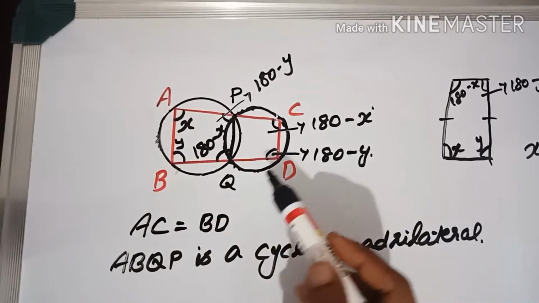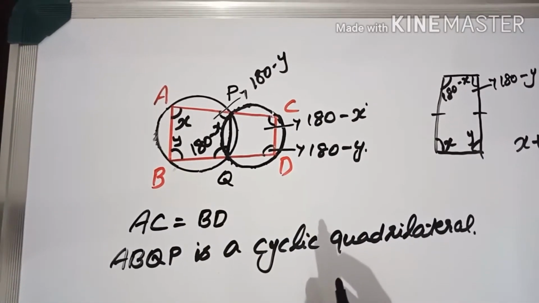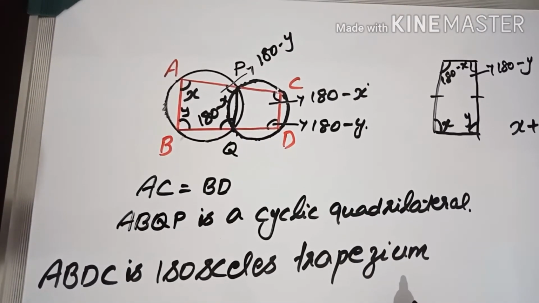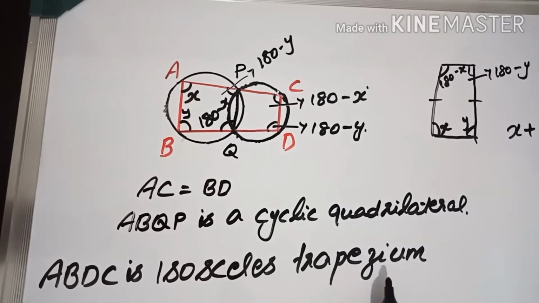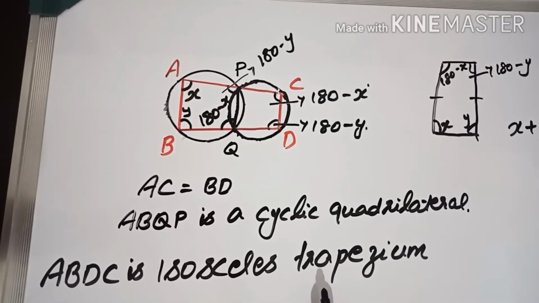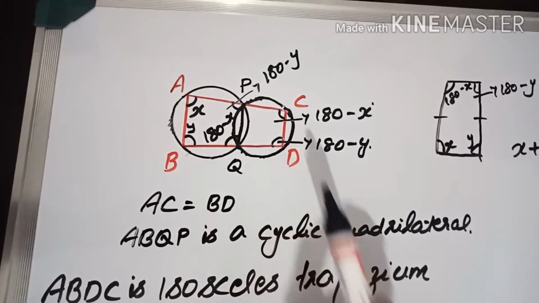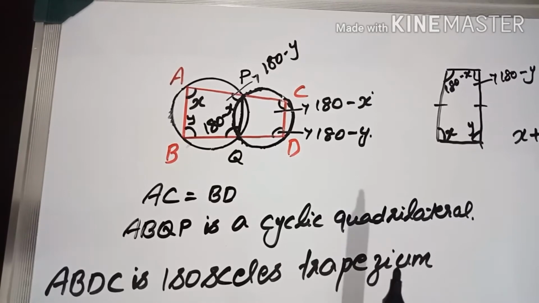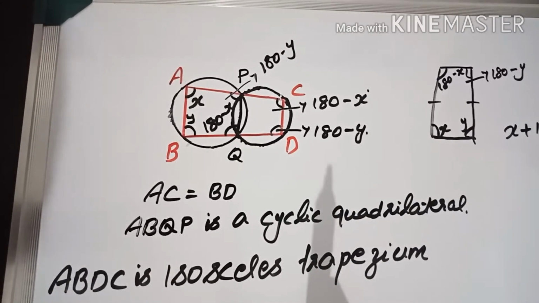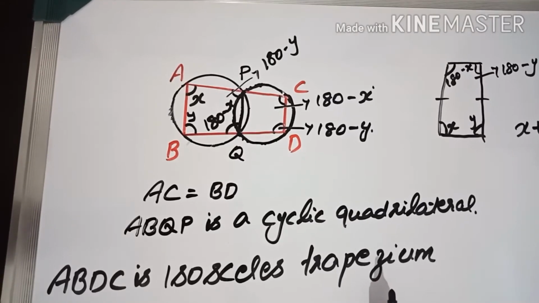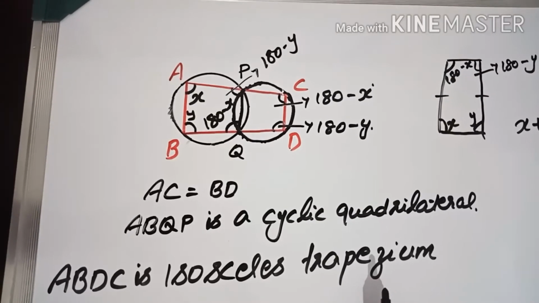Here we got ABDC as an isosceles trapezium, so from the previous theorem it is a cyclic quadrilateral. That means ABDC is a cyclic quadrilateral. Nothing more to write, you can directly write that all isosceles trapeziums are cyclic quadrilaterals. So this is the proof.